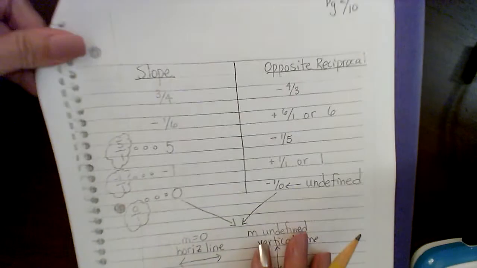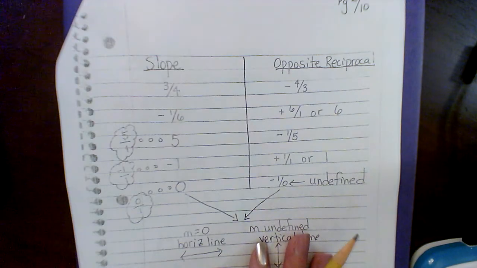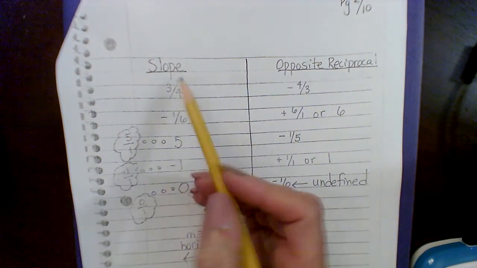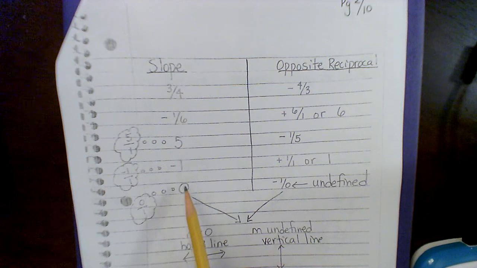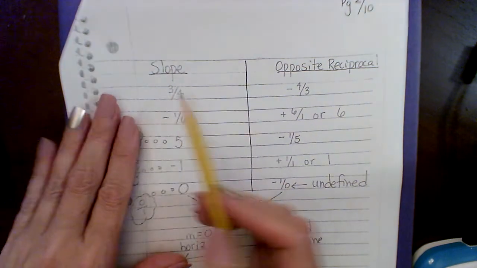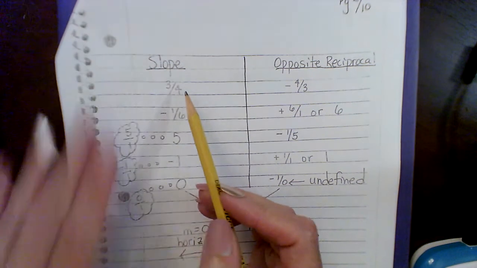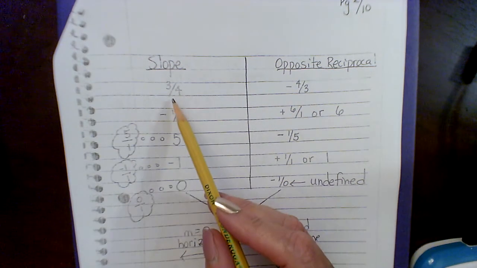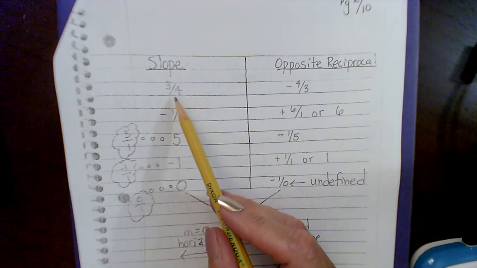So just to show you what I mean by opposite reciprocal, I mean the opposite sign and the reciprocal. I just listed out a few slopes over here. So for instance, 3/4. The opposite of 3/4 is negative 3/4.